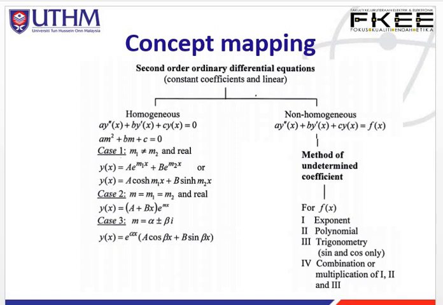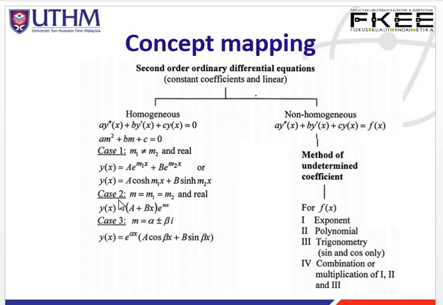Second order ODE is divided into homogeneous type and non-homogeneous type. Homogeneous type is equal to 0, and non-homogeneous is equal to some value of f(x). In homogeneous, we have case 1, case 2, and case 3. Case 1 is m1 not equal to m2 and is real.